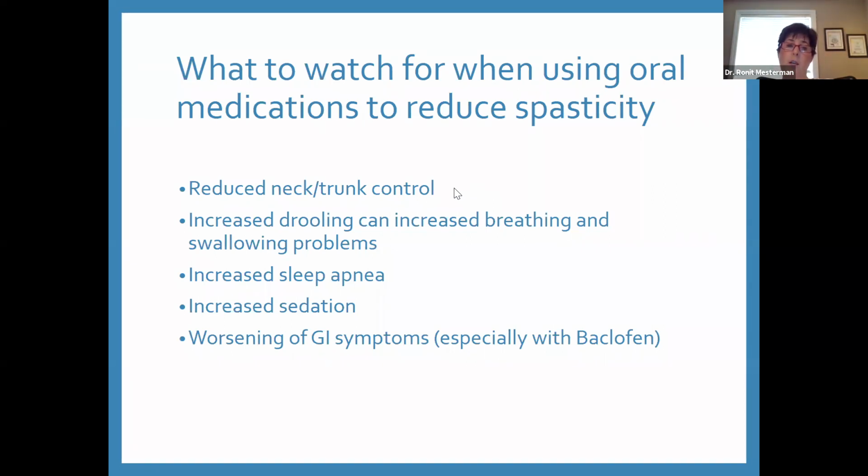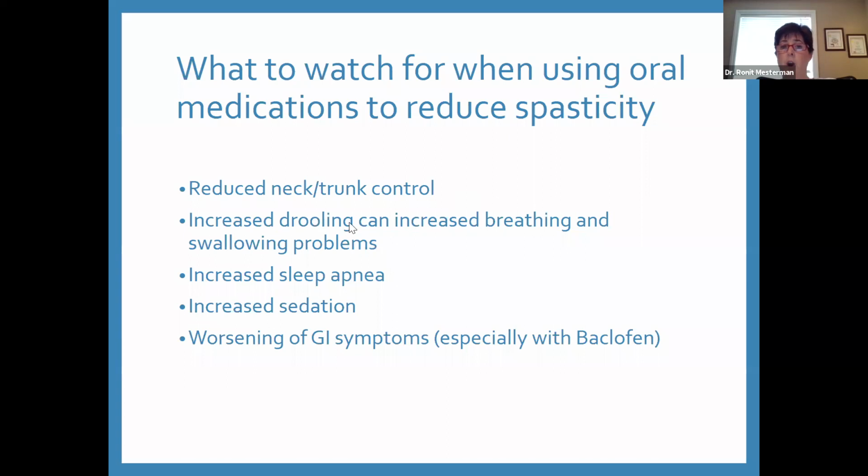And unfortunately, we often see that the decreased tone gets worse in the neck and trunk, especially in younger children, before we even reach a true efficacy on the peripheral limbs. So that is a thing that one needs to watch and balance out.